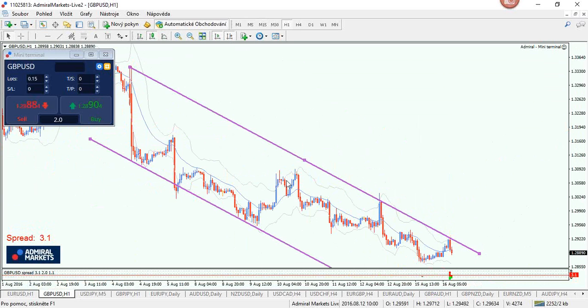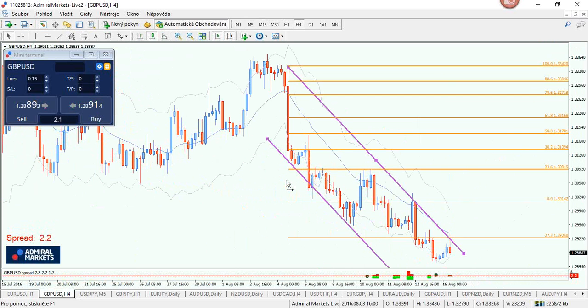I think it was, let's see, yesterday I hit the 272 target. Ah, that was this one, I think. Yes, it was this fib. 61.8 fib hit here, as you can see.